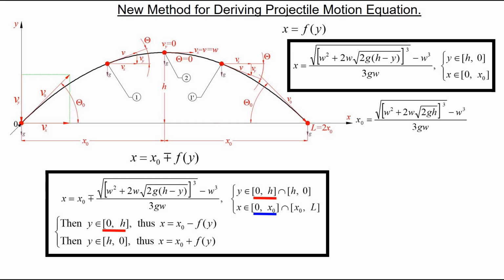Thus, we have a minus sign in front of the y function. And when the y variable change range is from h till 0, and x result change is from 0 till L, thus we have a plus sign in front of a y function.